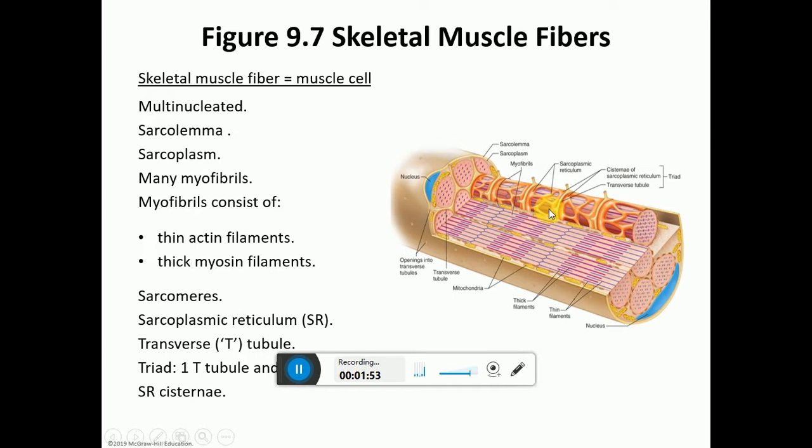So these are your two cisterns of the sarcoplasmic reticulum, the orange structures, and then right in the middle you can see that yellow T-tubule, and that is how the electricity is going to enter into the muscle fiber, where it is transferred from the nerve into the muscle fiber. So you see how that triad is a very important structure, where you have the T-tubule bringing in the action potential, and the cisterns have the calcium that is stored, and we'll see how important calcium is for muscle contraction.